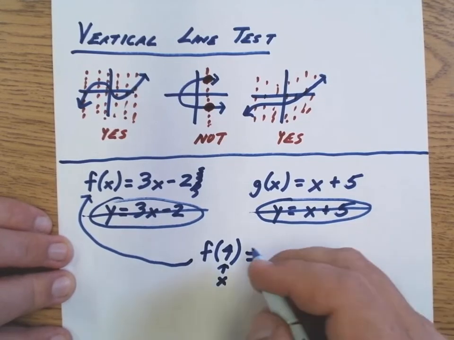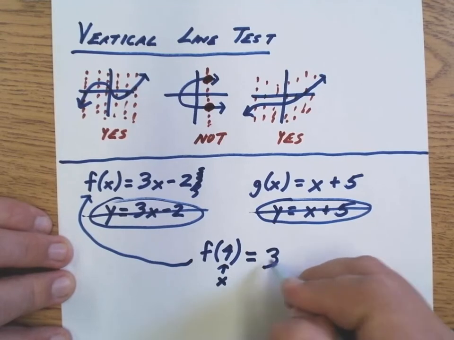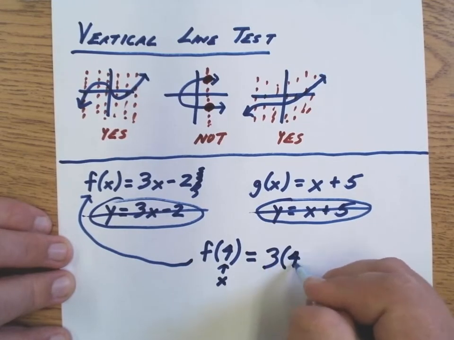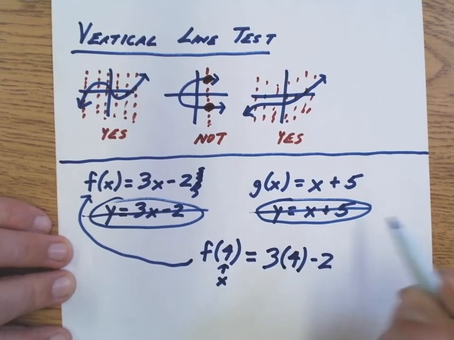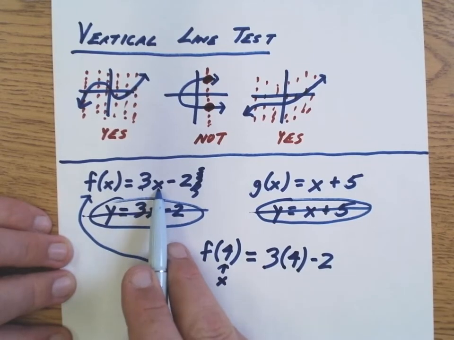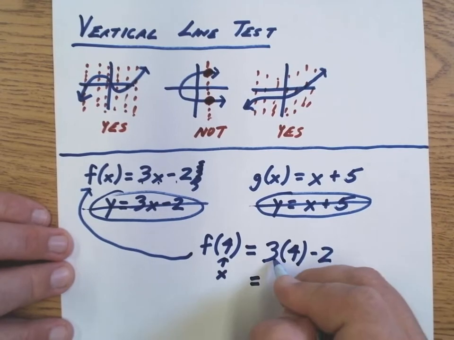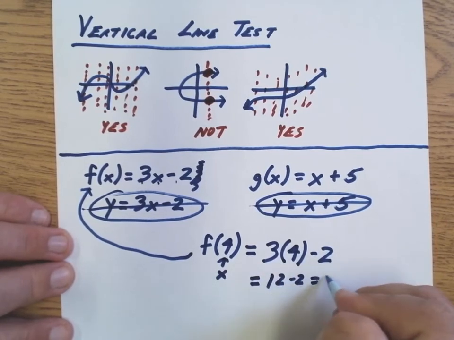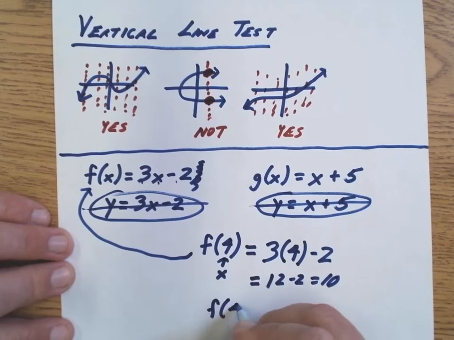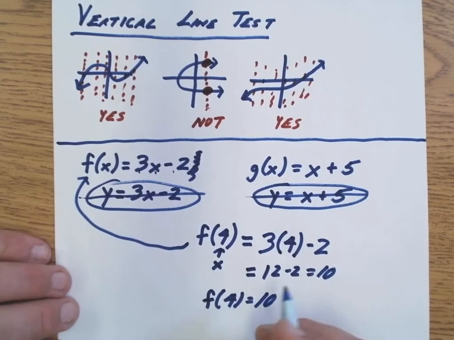So we have 3 times 4 minus 2, from 3x minus 2. Then we solve it, order of operations. This is 12 minus 2, which is 10, so f of 4 is equal to 10. And we're done.